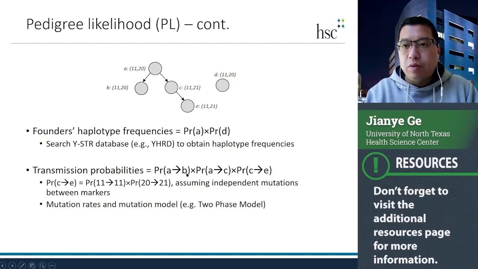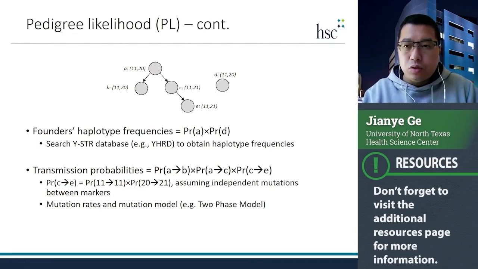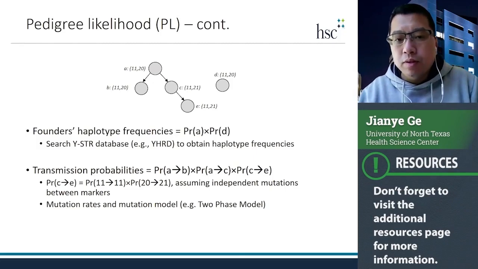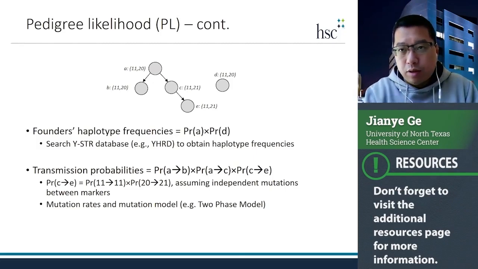Here we assume the mutation events are independent across all the markers. And in this calculation, we need to know the mutation rate, which can be obtained from Y-STR data. And we need to select an appropriate mutation model, for example, the two-phase model. And then we can calculate the pedigree likelihood given all the individuals have known types.